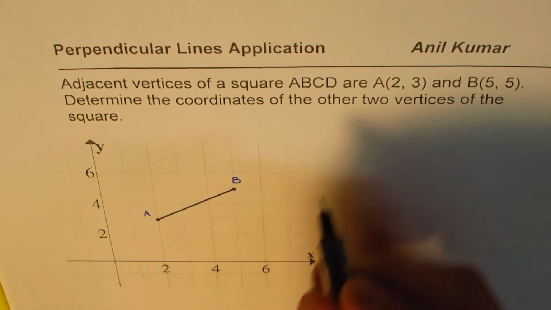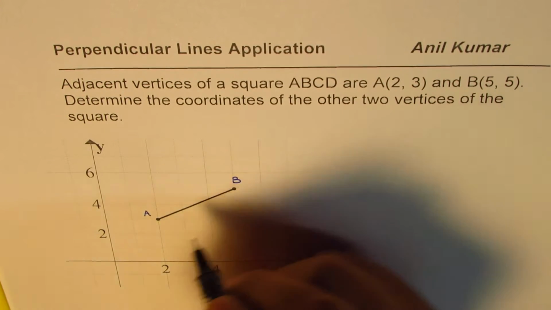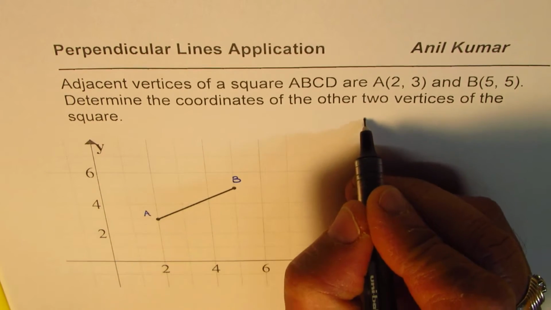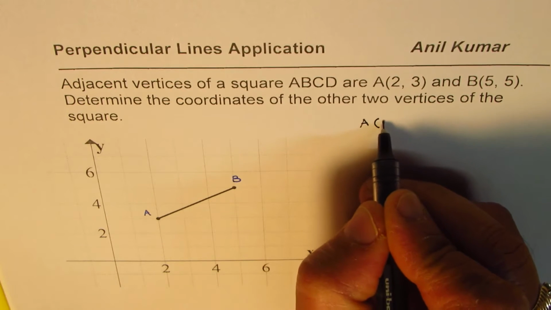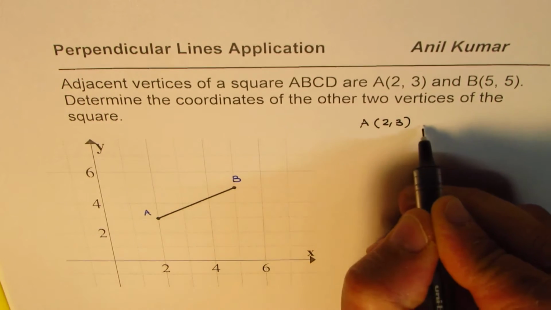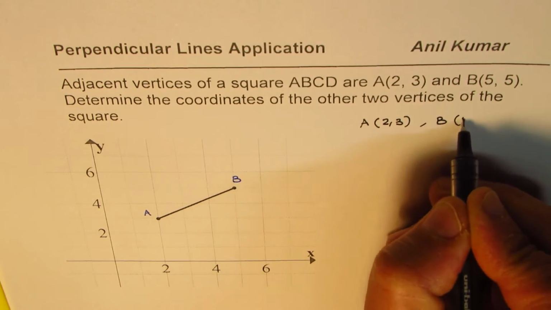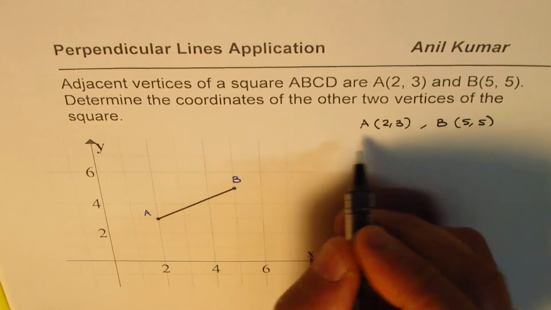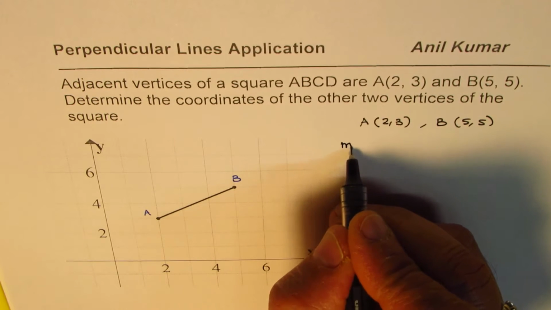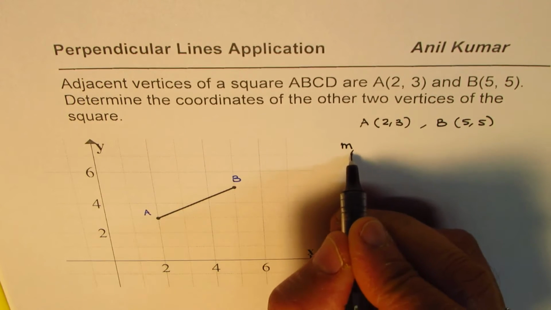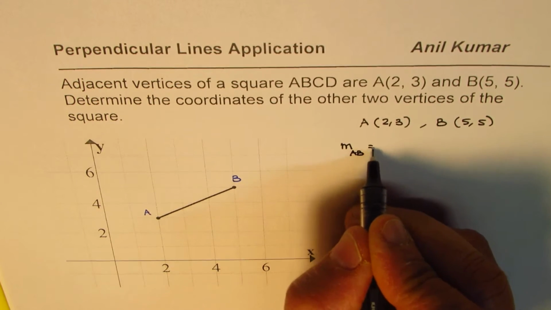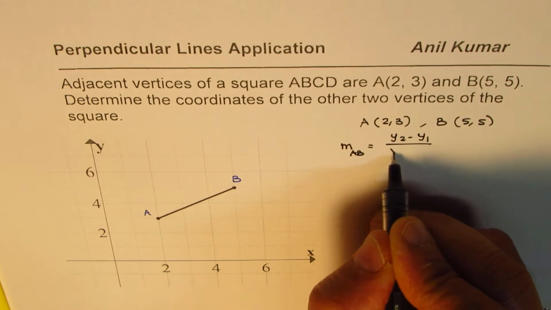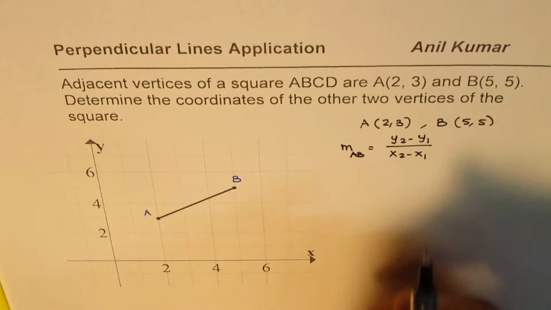What we are given here is a side of the square, where the coordinates for A are 2, 3 and the second point B is 5, 5. With these two points we can always find the slope. So let's find the slope of line AB using the formula y2 minus y1 divided by x2 minus x1.